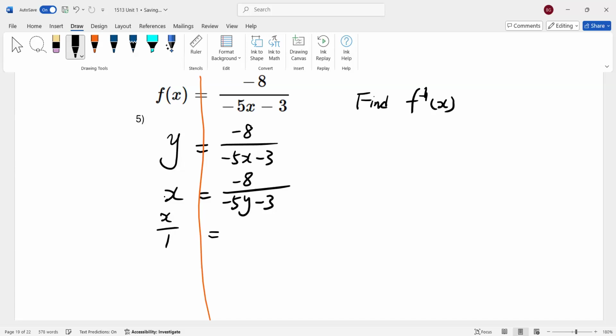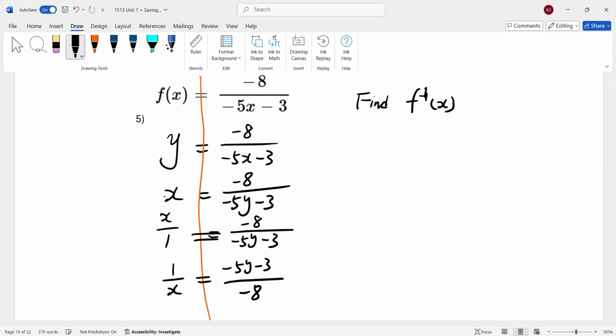Right side is already a quotient, -8 over -5y minus 3. And then I'm going to flip the left side and flip the right side. Left side, flip top and bottom, 1 over x. Right side, flip the top and bottom, we have -5y minus 3 all over -8, right?